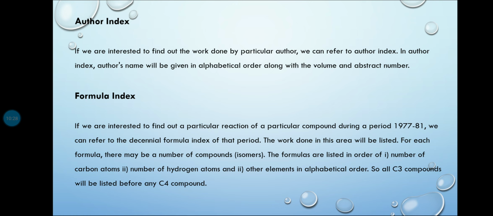For each formula, there may be a number of compounds, for example, isomers. The formulas are listed in order of number of carbon atoms, number of hydrogen atoms, and other elements in alphabetical order. So, all C3 compounds will be listed before any C4 compound.